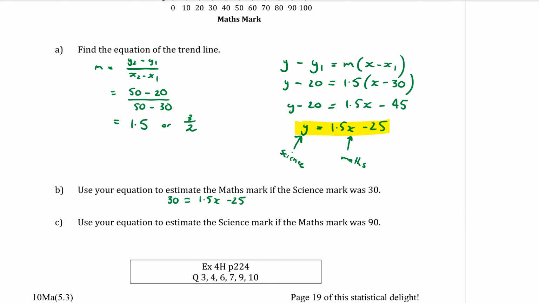So first of all, you want to do a little plus 25 to both sides. Some of you still like writing those little instructions down. So that's 1.5x equals 55. And then I'm going to go over here. I divide by the 1.5. So x equals 55 divided by 1.5 is 36.7.